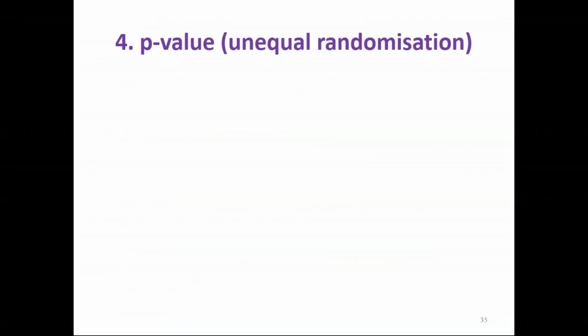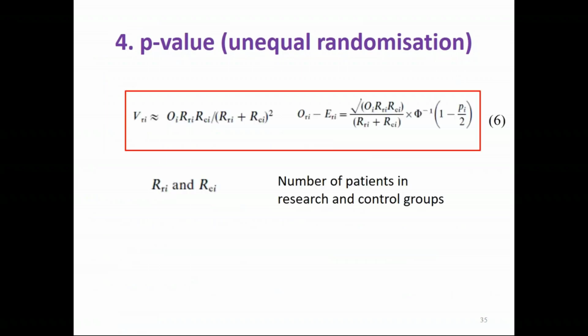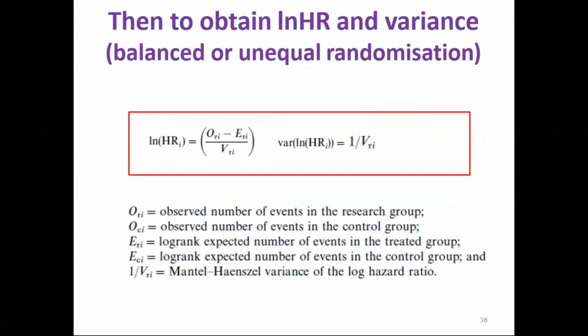If the number randomised in the 2 groups is unequal, then there's a slight modification to the equation where we're also incorporating information about the number of patients in the research group and the number of patients in the control group. And as I said before, once we've got the O minus E and the V values, we can then use this expression, which we've seen before, to obtain the estimate of log hazard ratio and variance for this individual trial.